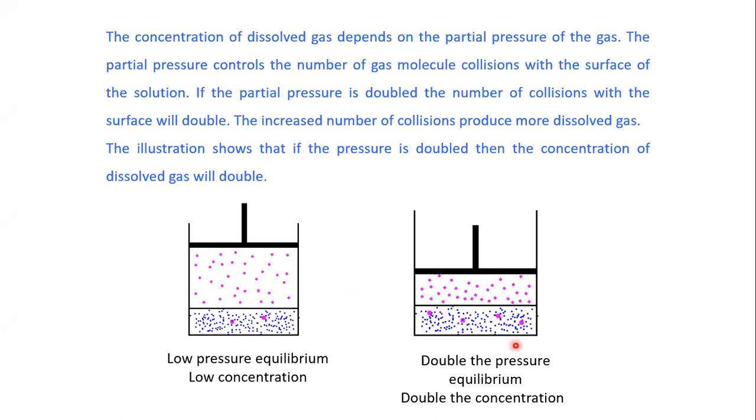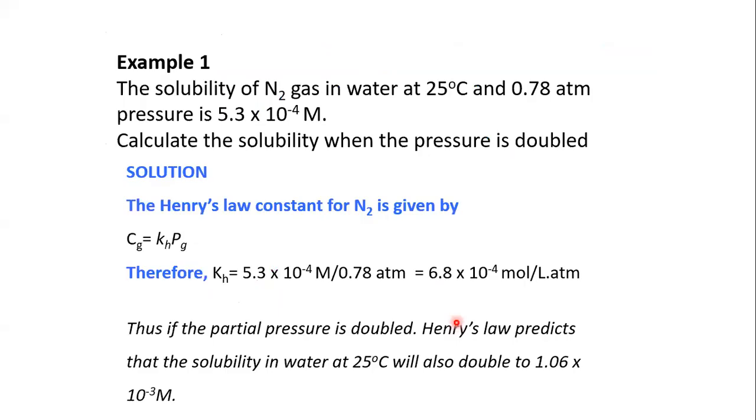Meanwhile, in the second vessel, you have double the pressure by pressing down the piston. You have doubled the pressure and therefore double the concentration of the dissolved gas in the solution.